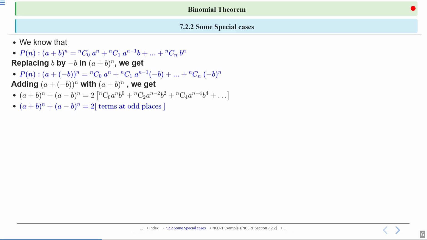So (a + b)^n + (a - b)^n is simply equal to 2 times the sum of terms at odd places.